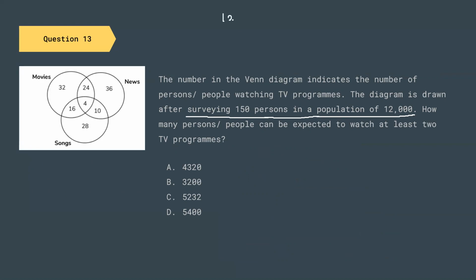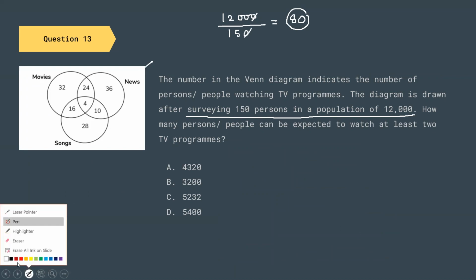So 12,000 people is represented by 150 people. That means we can cancel out zeros, 1000, 1200, and that can be summarized as 80. So each person in this particular Venn diagram represents 80 people in the actual population.